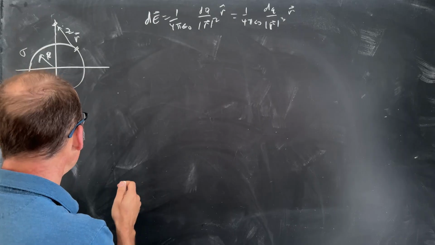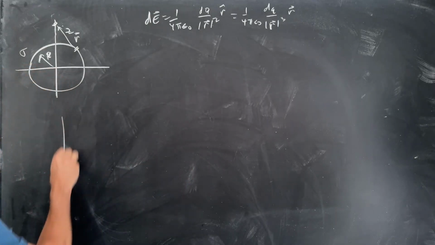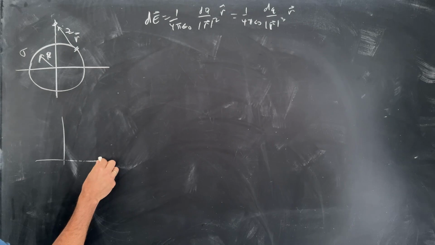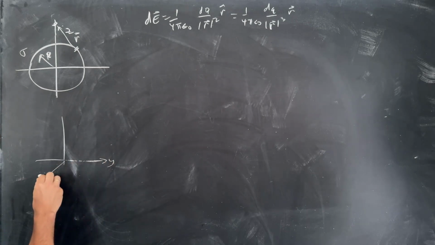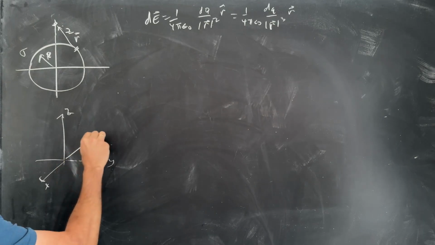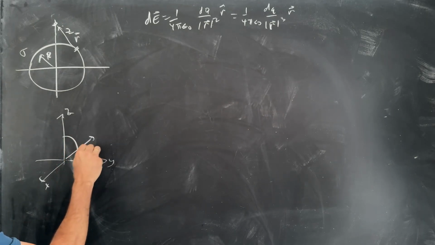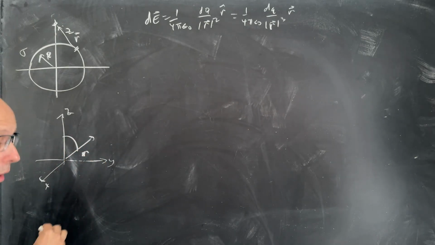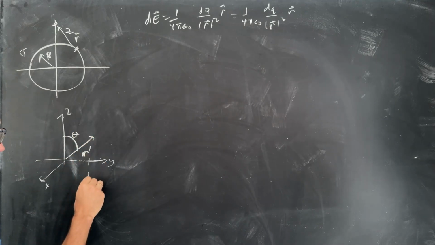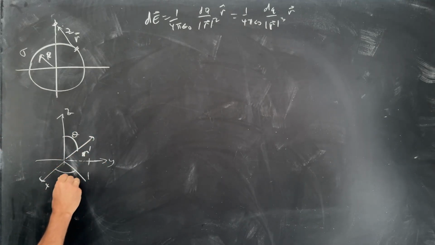Okay. So just a quick refresher, if I have this as, let's say this would be y, and that's x, and then this is z, and then I have some charge up here. This is the coordinate r, not the vector. This is the angle theta, and then if we project that down to here, this is the angle phi.